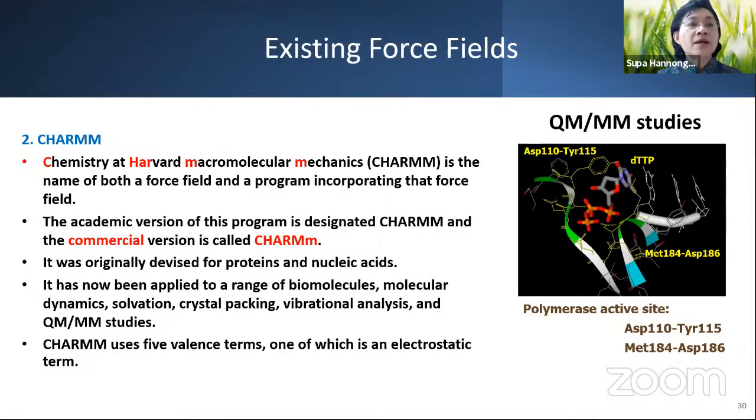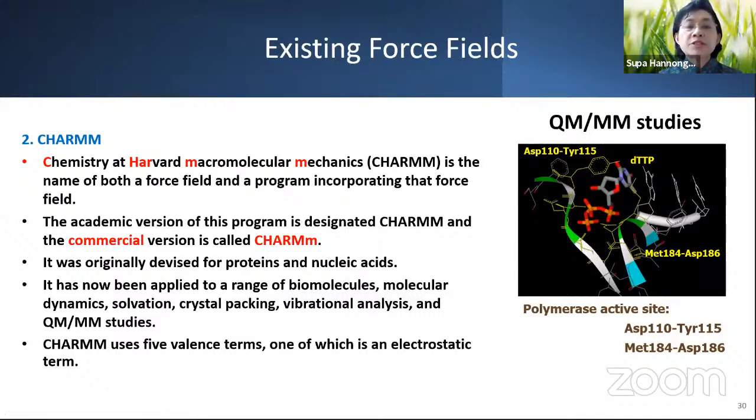And CHARMM comes from Chemistry at Harvard Macromolecular Mechanics. So it is the name of the force field method and also of the program package incorporating this force field.